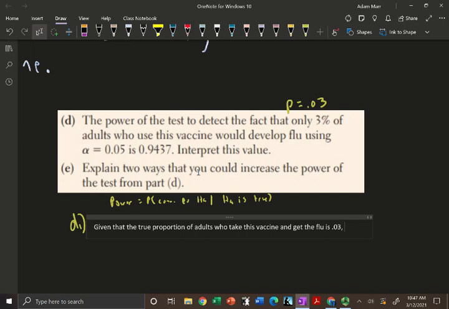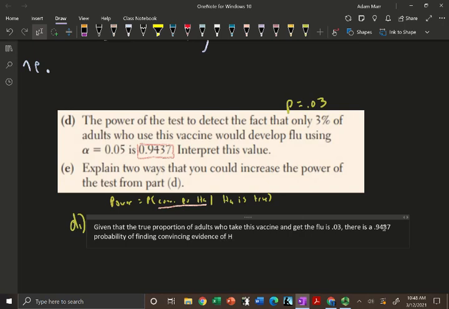Then we go to the probability of finding convincing evidence for the alternative. So we're going to say there is a 0.9437 probability of finding convincing evidence of the alternative.